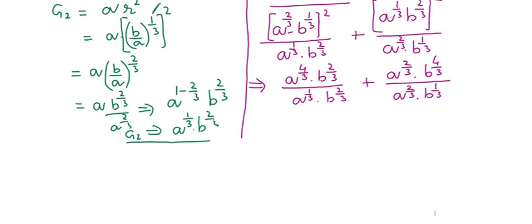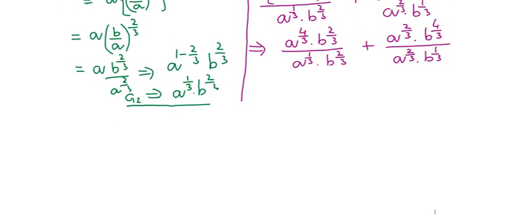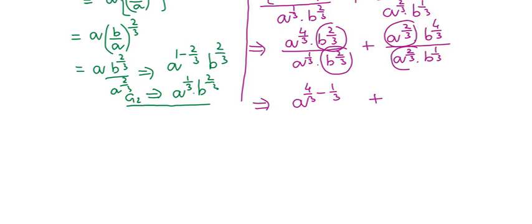Now see the further calculation here. This b raised to the power 2 by 3 and this b raised to the power 2 by 3 will be divided. Finally, you will have a raised to the power 4 by 3 minus 1 by 3. See here also, a raised to the power 2 by 3 and a raised to the power 2 by 3 will be divided. Then finally, we will have b raised to the power 4 by 3 minus 1 by 3.